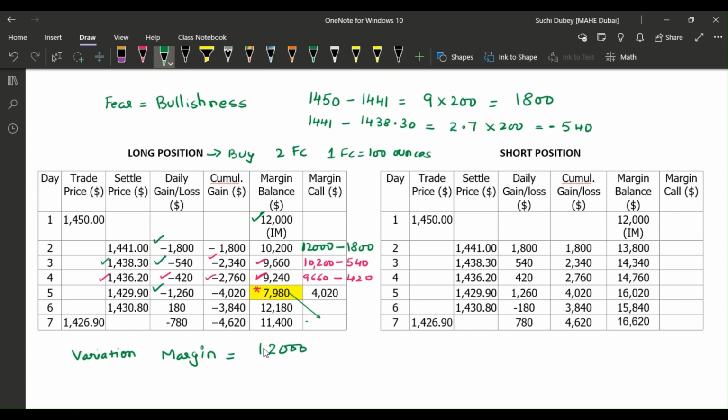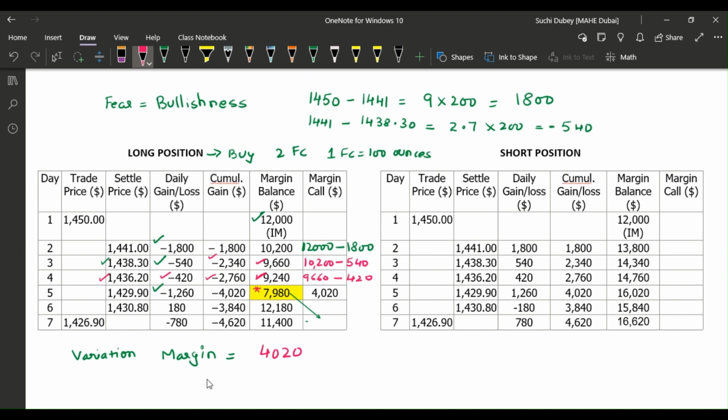Here you have to maintain your initial margin. So the variation margin of 4020 is given. Why 4020? Now you may ask why 4020, and from where are we getting this 40 and 20?